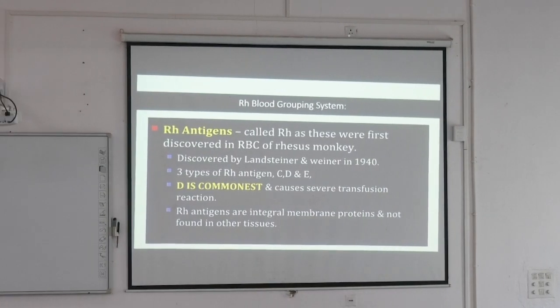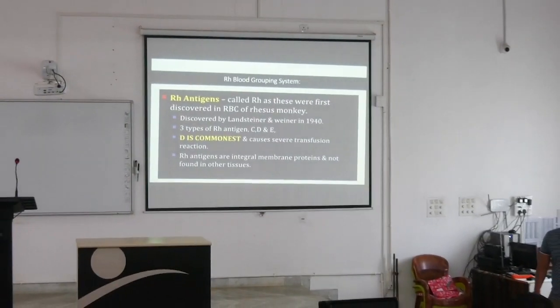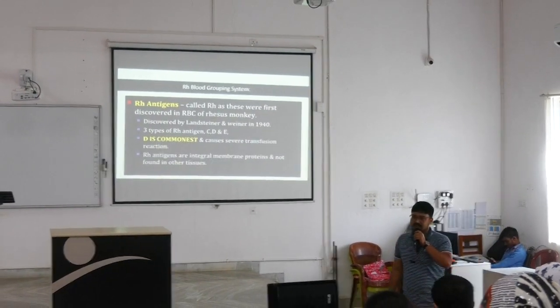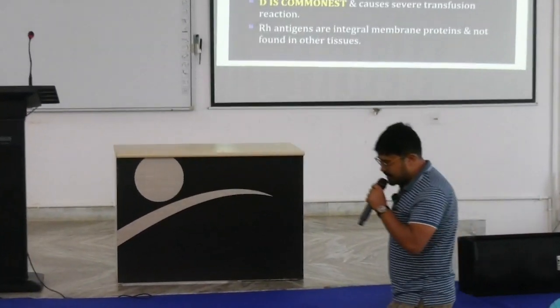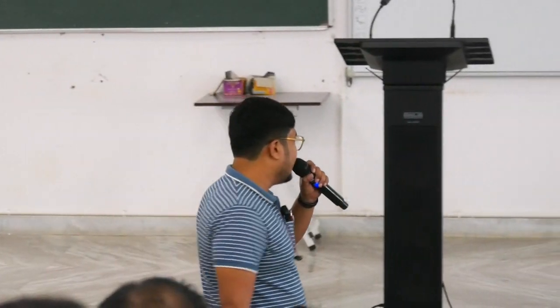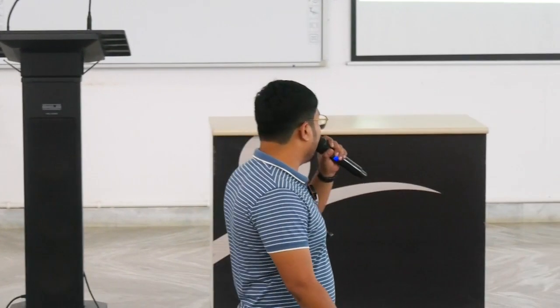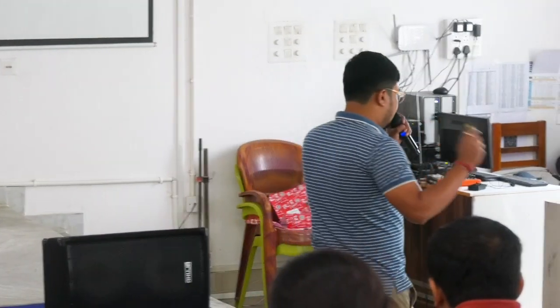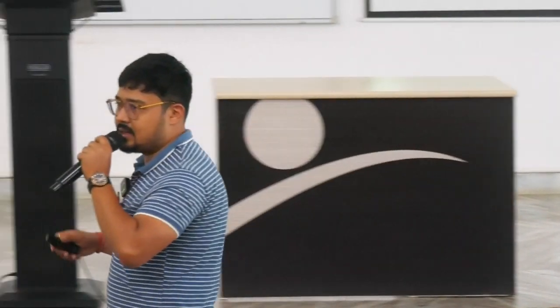Antigens are called Rh as they were first discovered in the rhesus monkey. Okay, so the rhesus monkey, our ancestor, and Rh or D antigen is present originally in the rhesus monkey, discovered by Landsteiner and Wiener in 1940. So the ABO blood grouping system was discovered in 1900, but the Rh system took 40 years to emerge as an important blood grouping system.